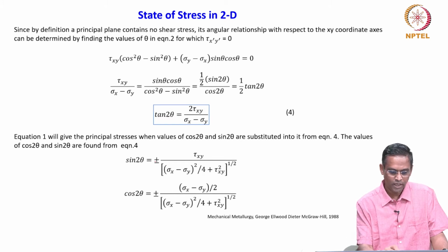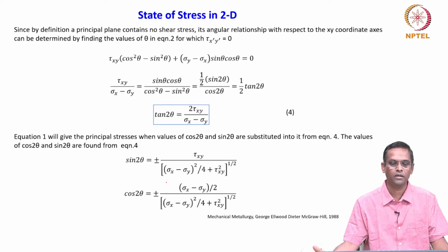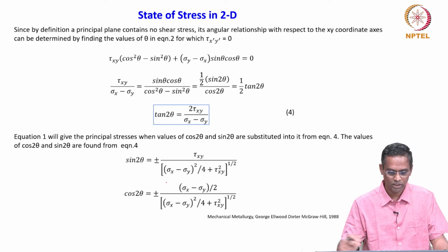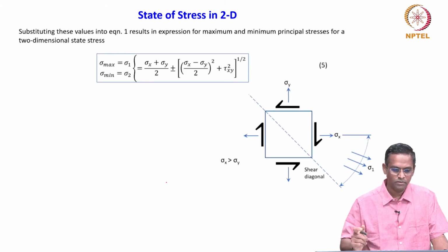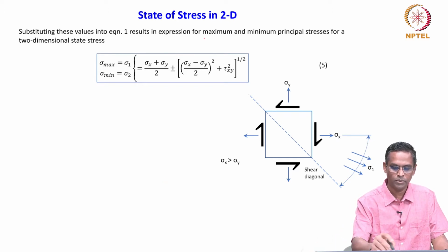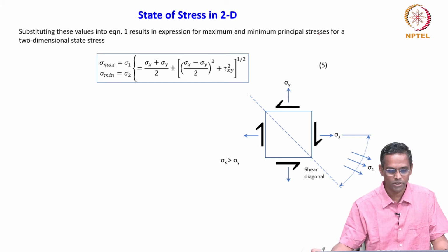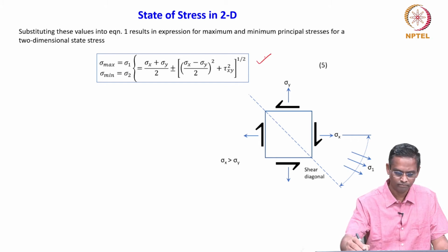If you can find sin 2 theta and cos 2 theta, then we can plug these values into the general expression which we derived for sigma x prime and sigma y prime for finding the principal stresses on an oblique plane. That's what we saw yesterday, and this is the final expression. Substituting these sin and cos values in equation 1 results in the expression for maximum and minimum principal stresses for a 2-dimensional state of stress. So this equation gives that.